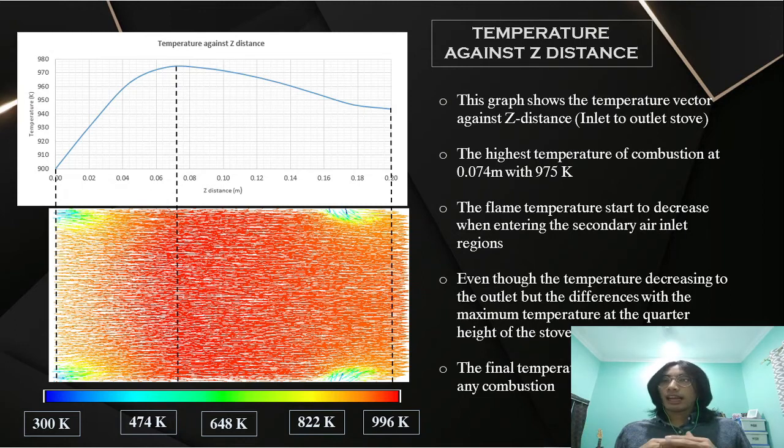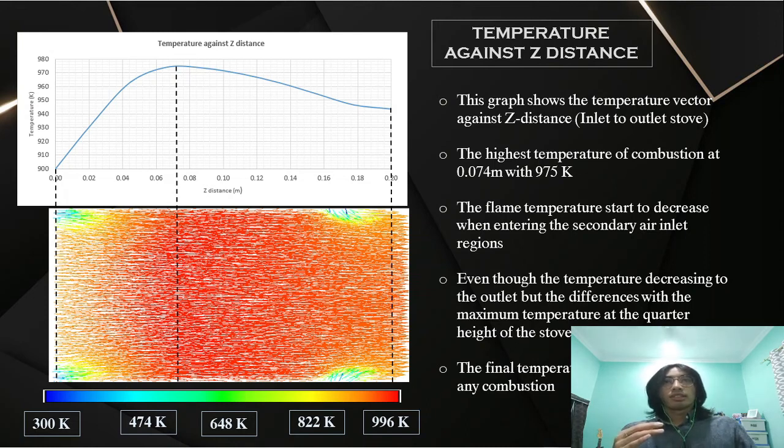So it did not affect the outlet temperature so much. The final temperature is still excellent for any convection, as I referred to in the previous research, where 945 Kelvin at the outlet is still a very good temperature for any combustion.